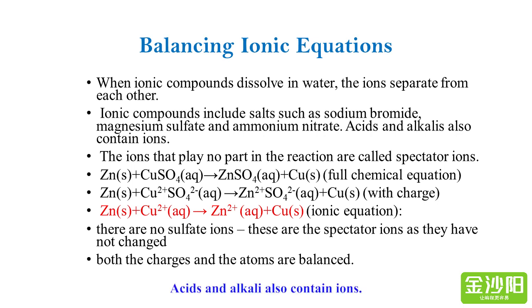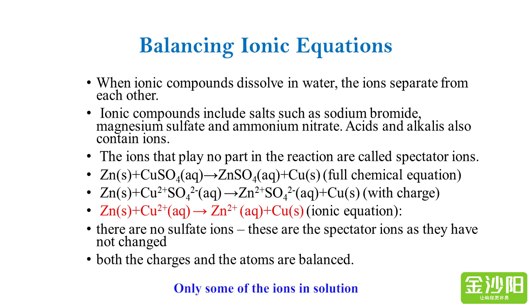Acids and alkalis also contain ions. For example, hydrogen and chloride ions are present in hydrochloric acid, and sodium and hydroxide ions are present in sodium hydroxide. Many chemical reactions in aqueous solution involve ionic compounds.